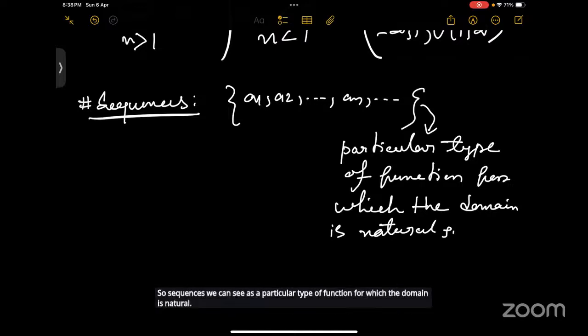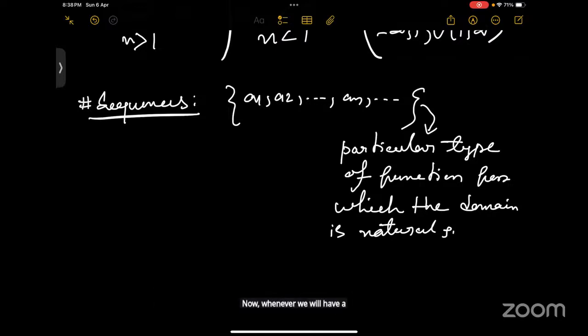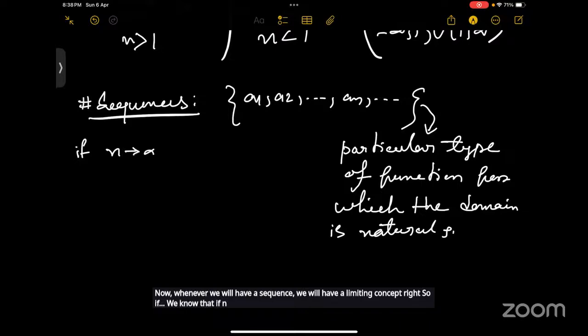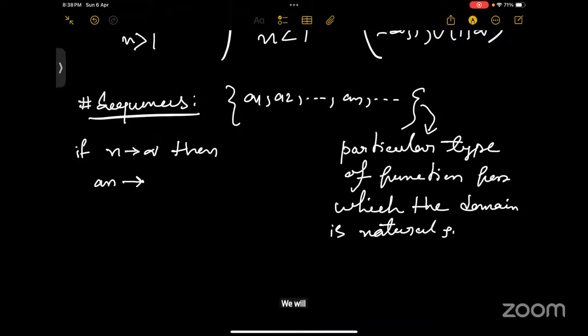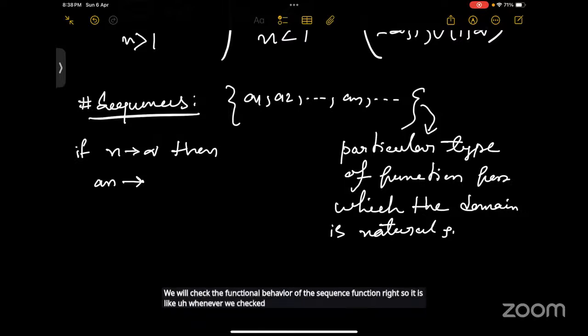Now, whenever we have a sequence, we will have a limiting concept, right? If n is tending to infinity, then we will check the functional behavior of the sequence function. It is like whenever we check the end behavior of any function at infinity.